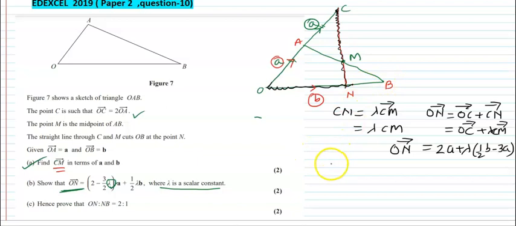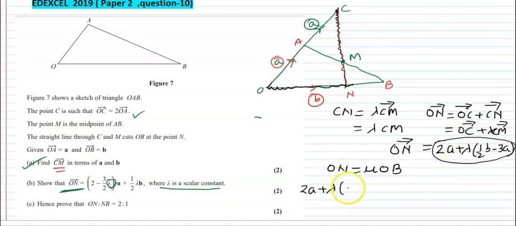So we can say ON is another scalar multiple, mu OB. Our ON value is 2a plus lambda times half of b minus 3a.